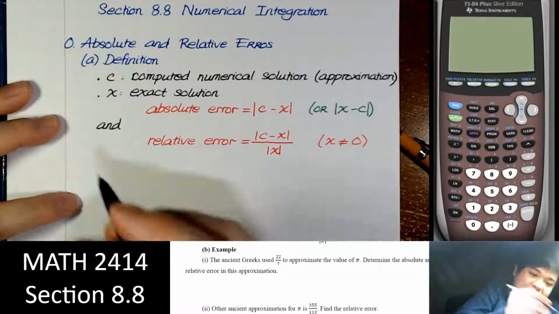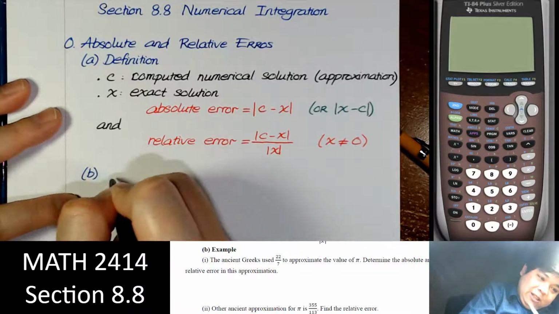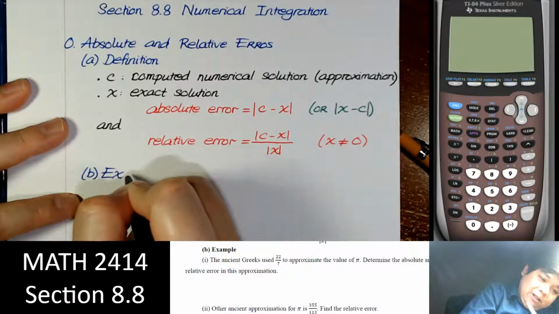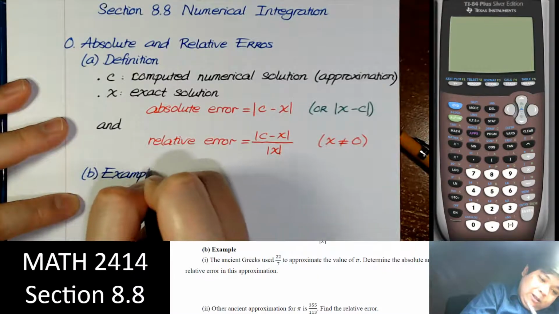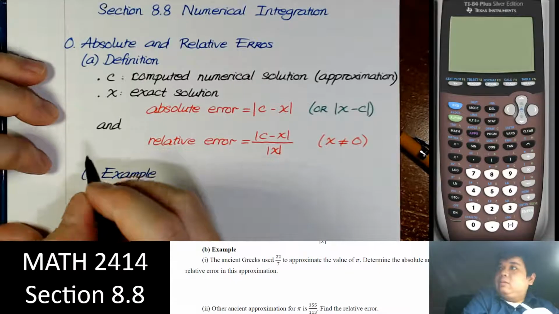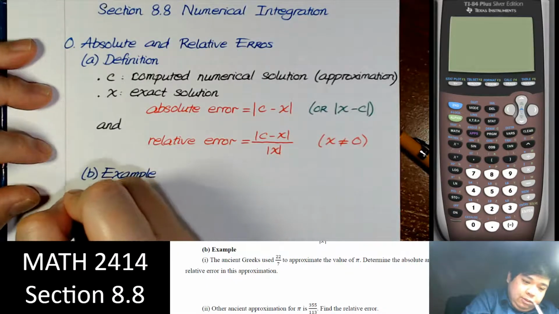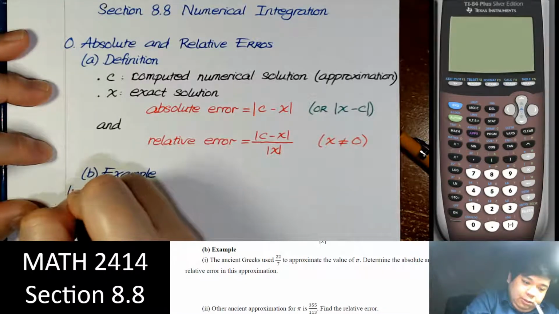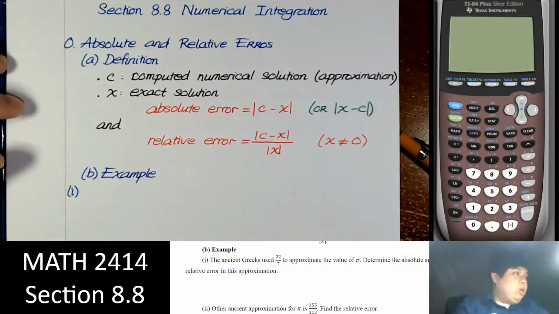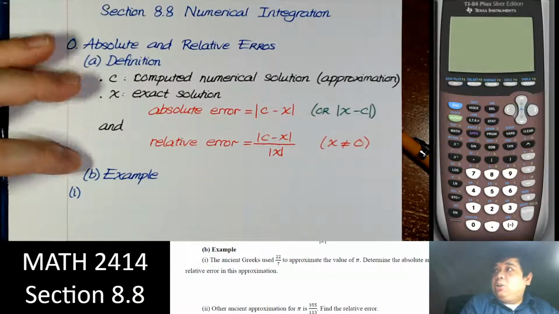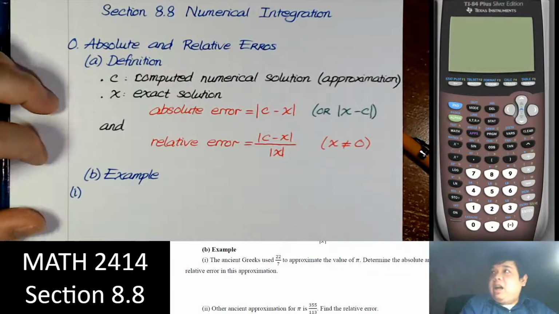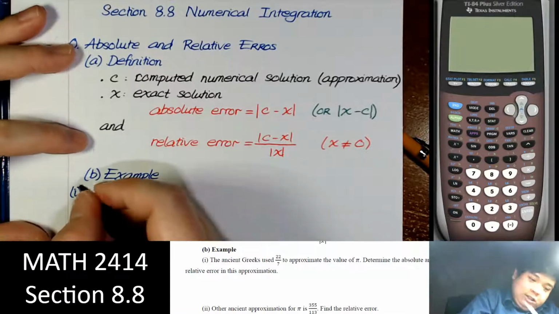I have a nice example here. The ancient Greeks used 22/7 as an approximation of pi.